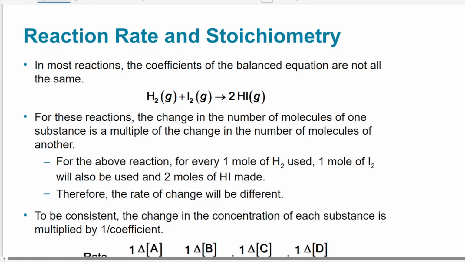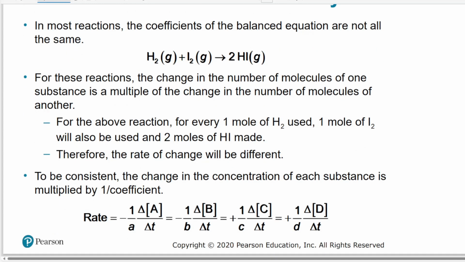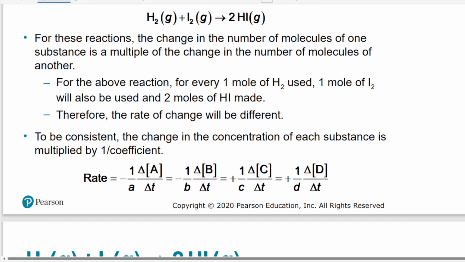We have to consider the balanced equation when we are calculating the rate of the reaction. Because the coefficients aren't always the same in a reaction, and because we're losing starting materials and gaining products, we can express the rate in terms of any one of the species in the reaction, but we have to consider the coefficients of those species.